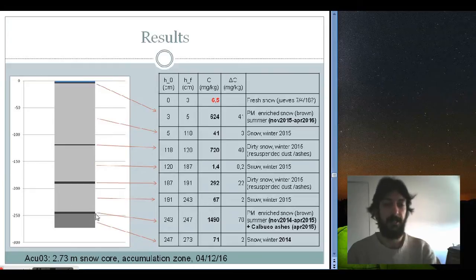And at the bottom of that we have the PM-rich snow corresponding to the summer 2015, which, as I previously said, has not only higher PM due to concentration by melting, but also volcanic ashes from Calbuco volcano that fell into the glacier in April 2015. We have those two configurations.